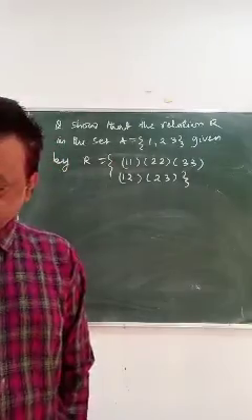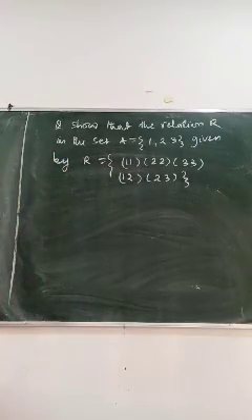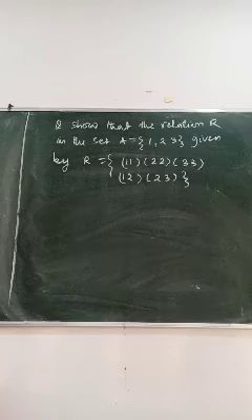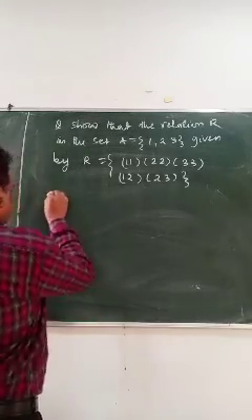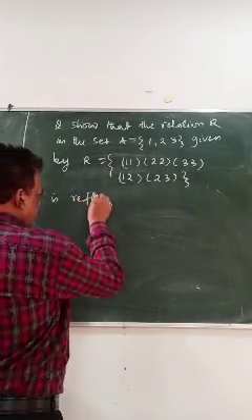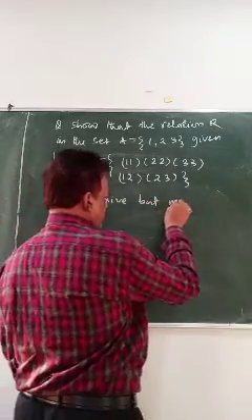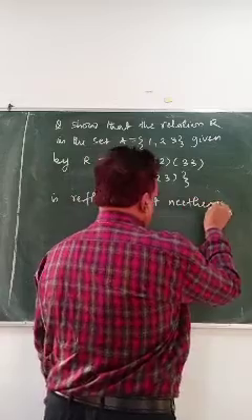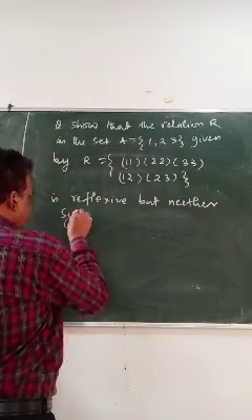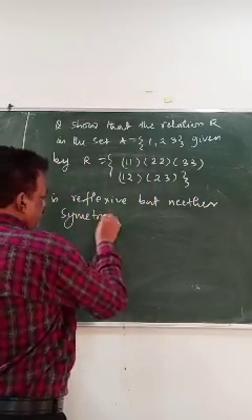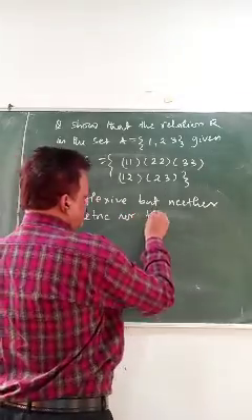Show that the ordered pair relation given is reflexive but neither symmetric nor transitive.